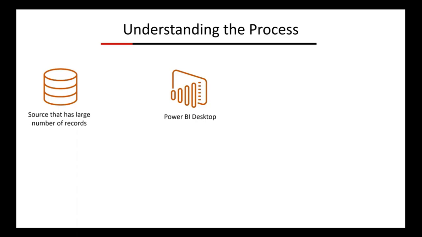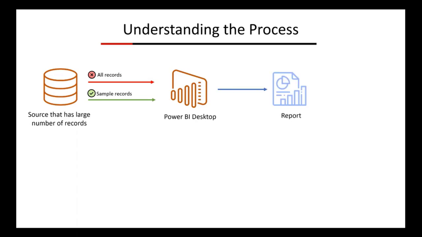But if you have a Pro license, rather than taking all records when you design your Power BI desktop, so you start your Power BI desktop, rather than taking the entire data set, you just take a certain number of records. Let's say you have to create the report based on 5 years of data, but you can take just one month of data. So you limit the number of records and then you create your reports.